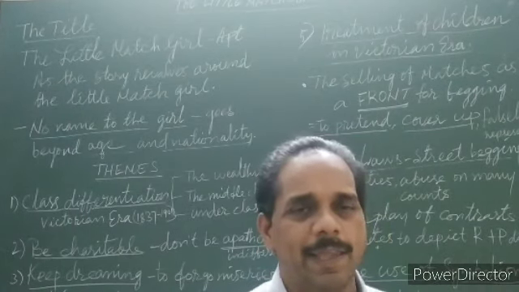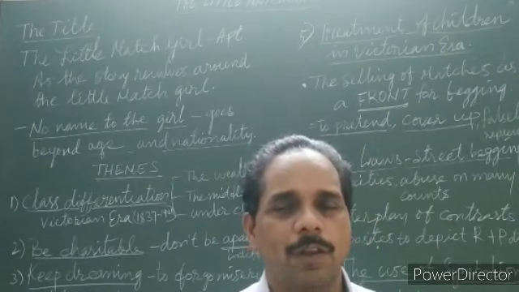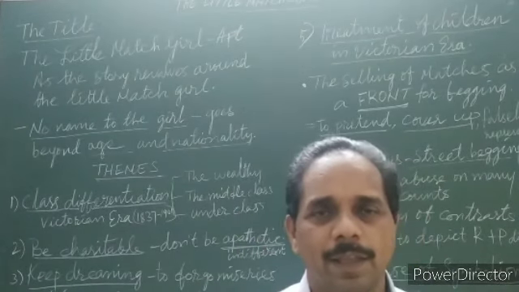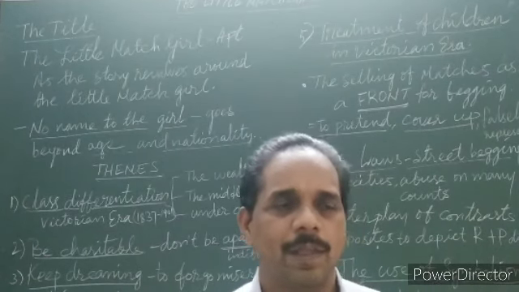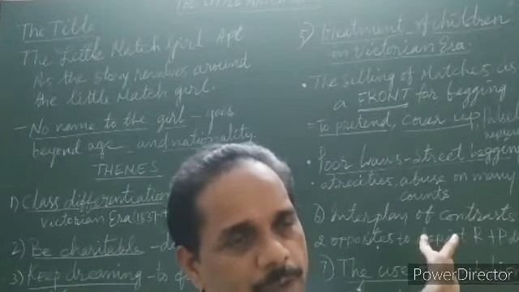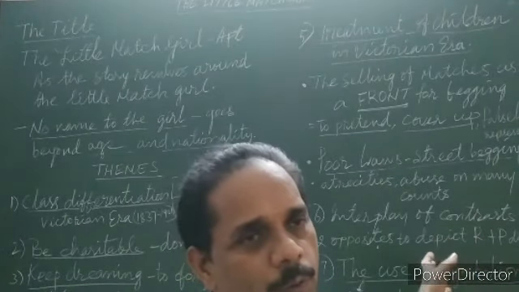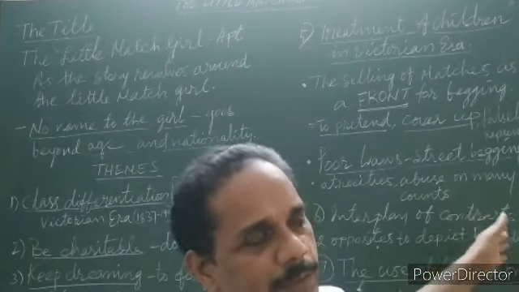So darkness and light, life and death. So all these kinds of poverty and riches, comfort and suffering, this kind of contrasting elements are brought in order to depict the differentiation between the rich and the poor.